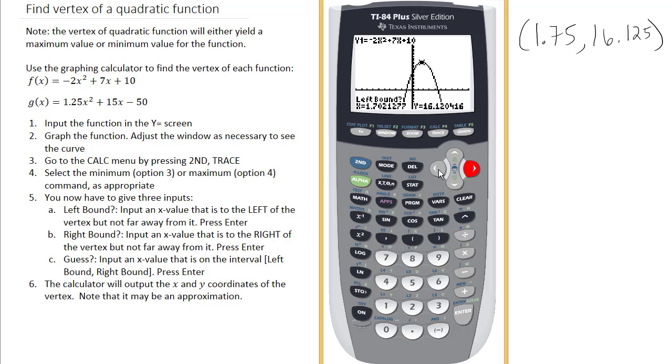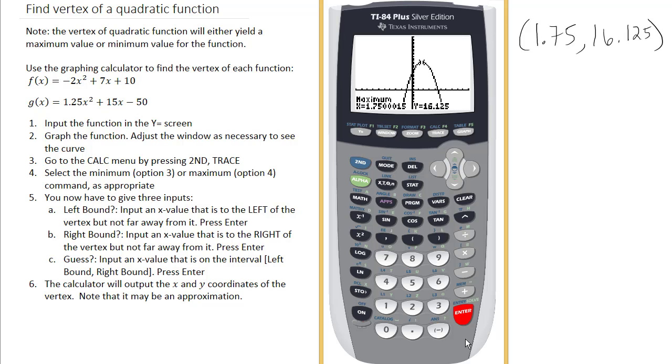I move the cursor to the left a few places, hit Enter. I move the cursor to the right, past where I think the vertex is a few places, and hit Enter a second time. Then I move the cursor back towards the middle where I think the vertex is, and I hit Enter a third time. And again, it gives me an approximation for the vertex. Again, 1.75, 16.125.